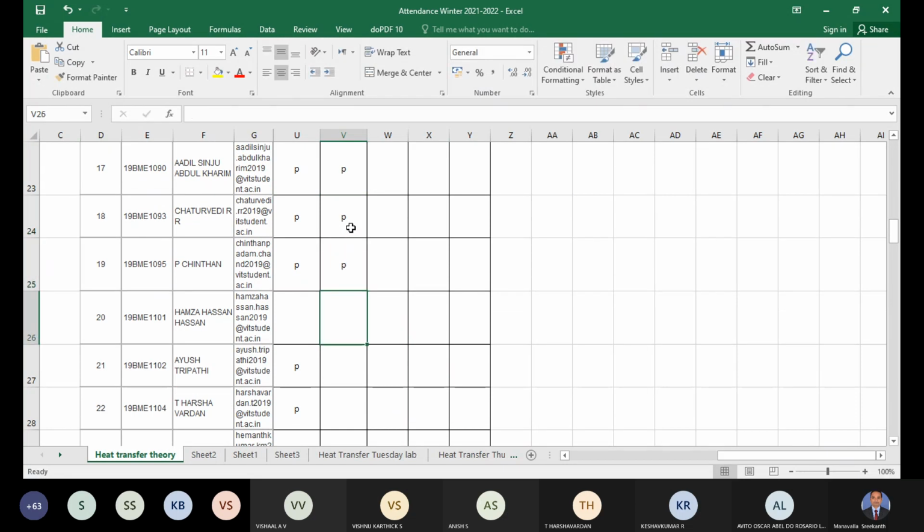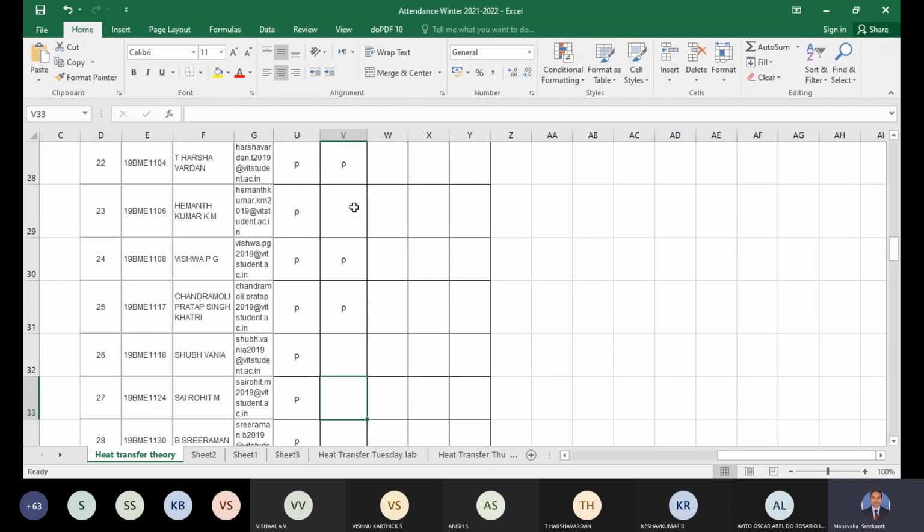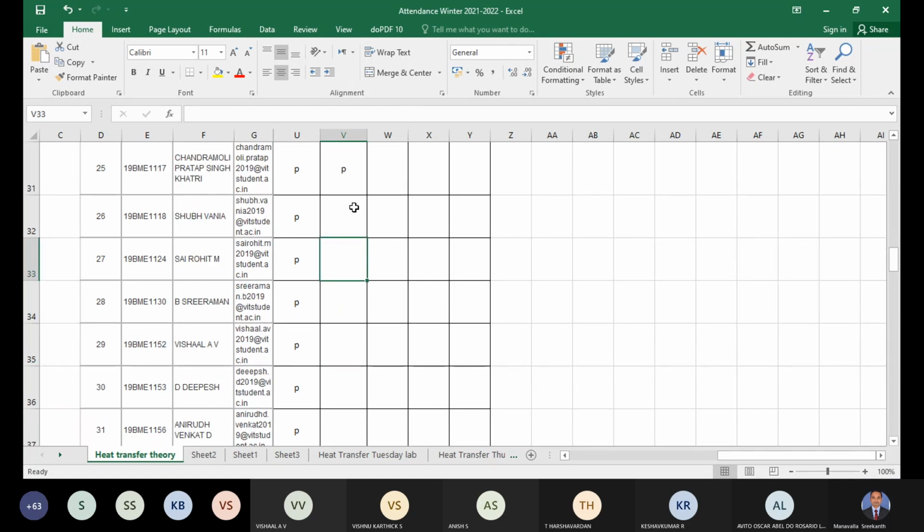Ayush Tripathi, present, sir. Molly Singh, present, sir. Sai Rohit, present, sir.